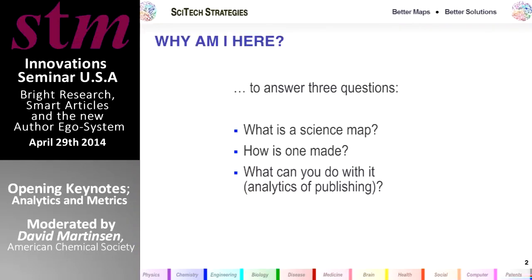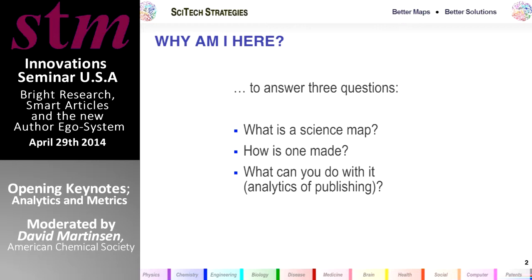So, we're going to talk a little bit about the mapping of science. Why am I here? Why would Dave have invited me? Well, it's going to be a different talk than what you heard, and by the way, kind of a hard act to follow because you tell great stories. But I'm here to answer three questions.